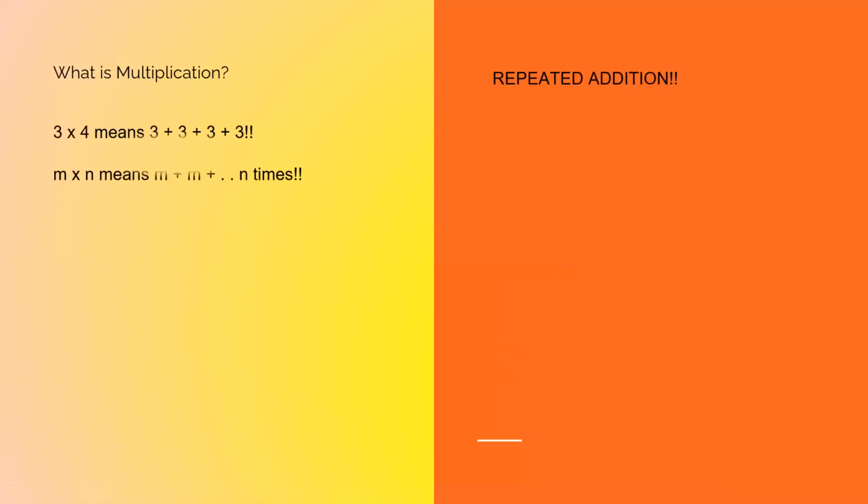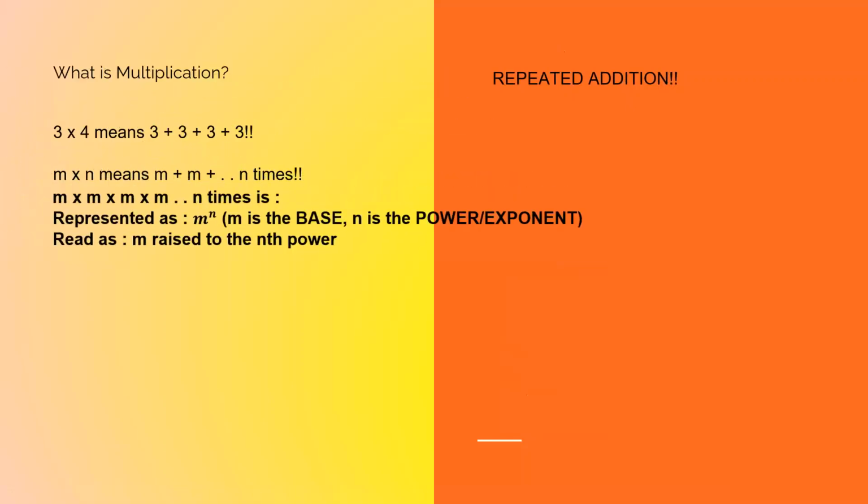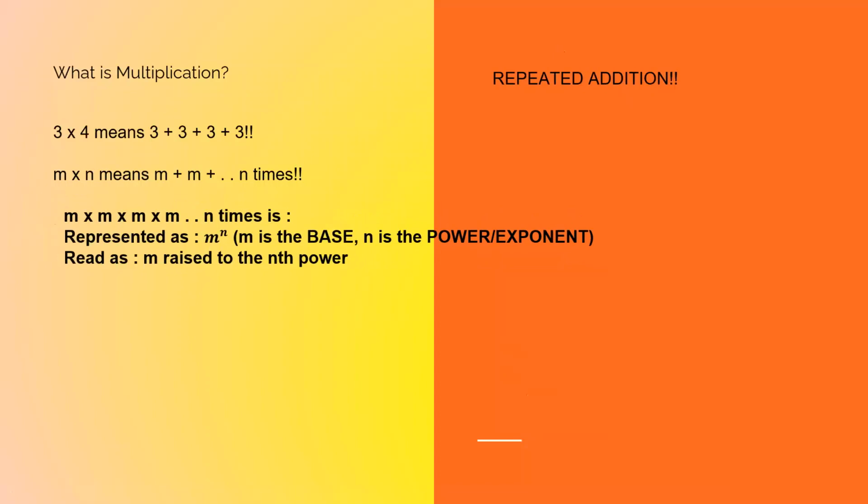Okay. So we know that 3 into 4 means 3 plus 3 plus 3 plus 3, means you're adding 3 to itself 4 times. And m into n, any number m multiplied by any number n, will be m added to itself n times. Now, if you multiply m by itself n times, this is different.